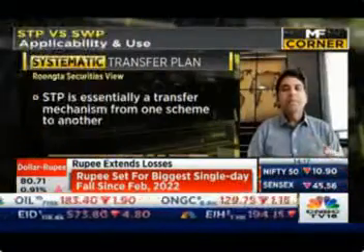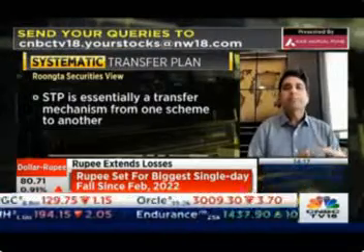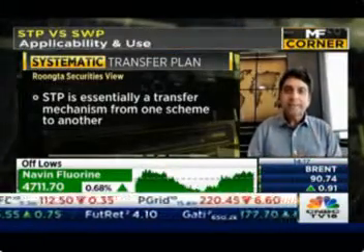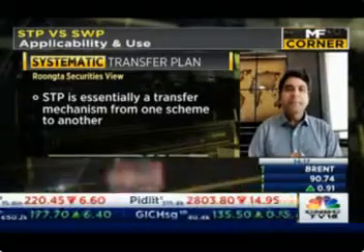Usually, this is a practice, that you will invest your money into one category of schemes, which is probably a debt fund, and then you don't want to time the market, so you systematically transfer into an equity fund. But there is nothing that strictly prohibits transfer between two debt funds or two equity funds. So there is no such restriction as far as the mechanism goes.